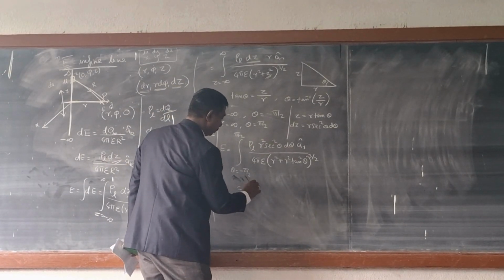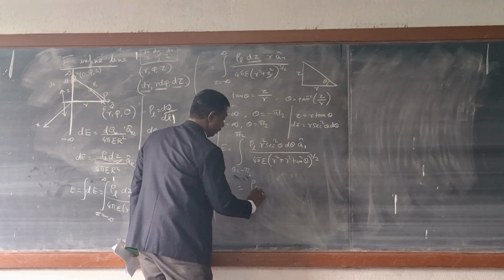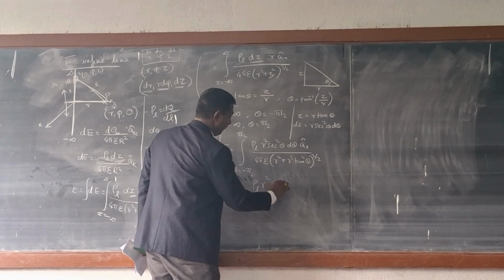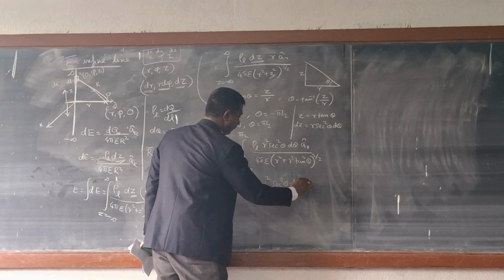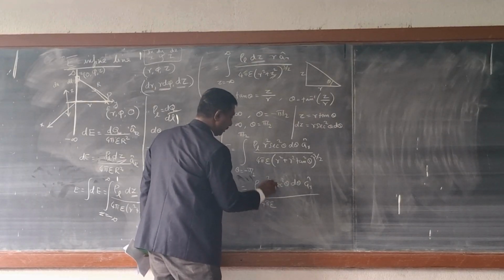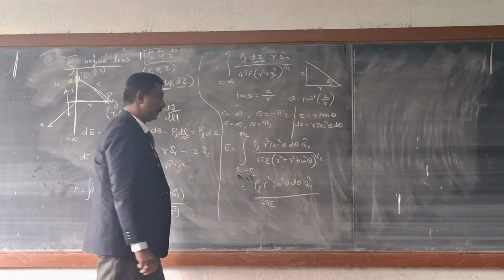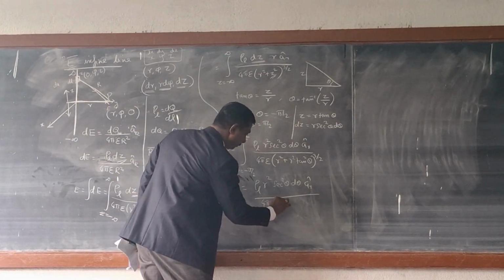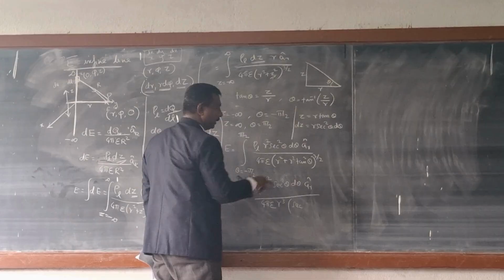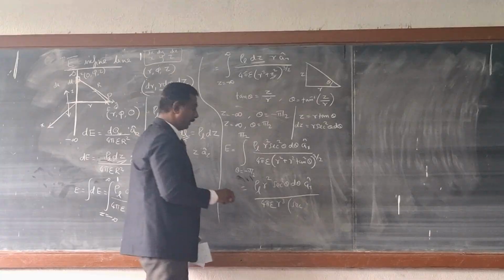So I am taking things outside. Rho L R square secant square theta d theta AR cap divided by 4 pi epsilon. If I take R square outside, R square power 3 by 2 is R cube. 1 plus tan square theta is secant square theta. Secant square theta to the power 3 by 2 is secant cube theta.